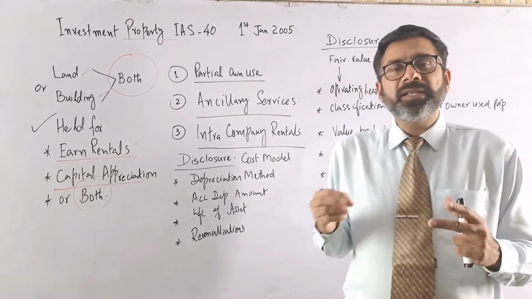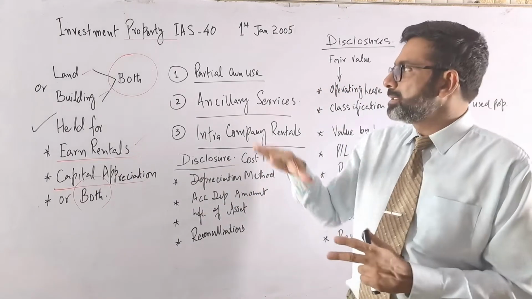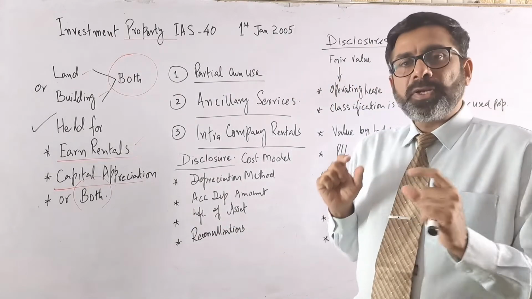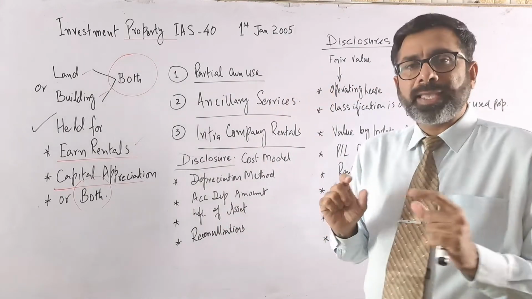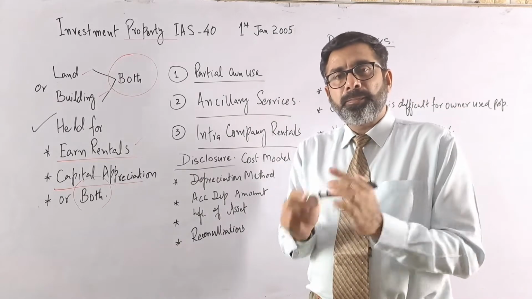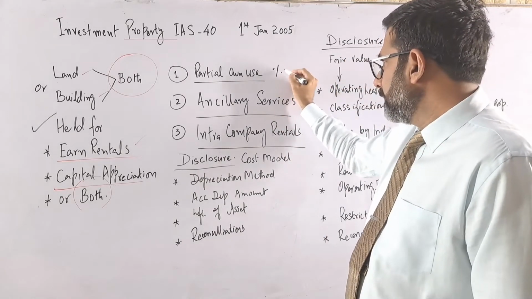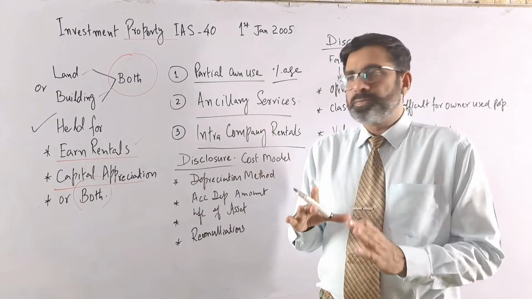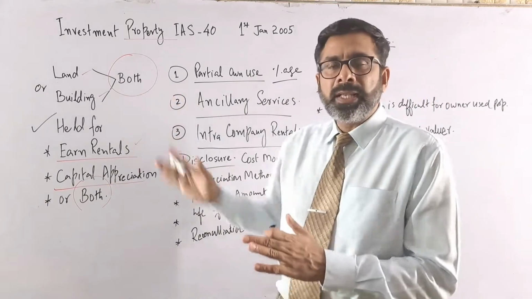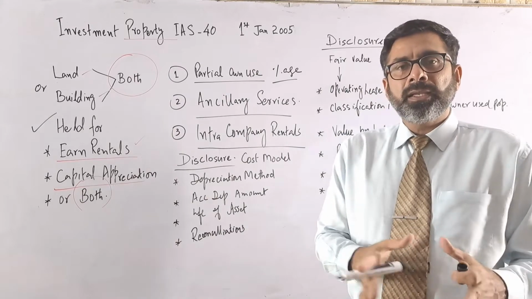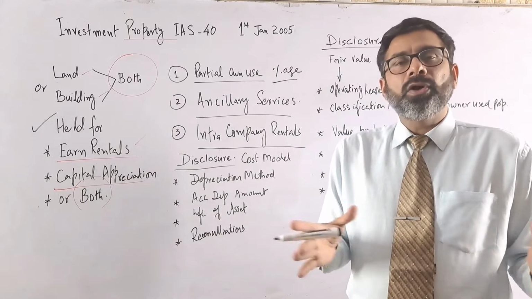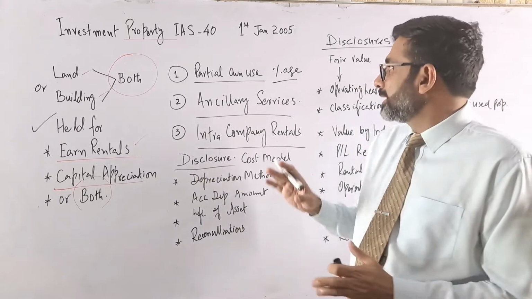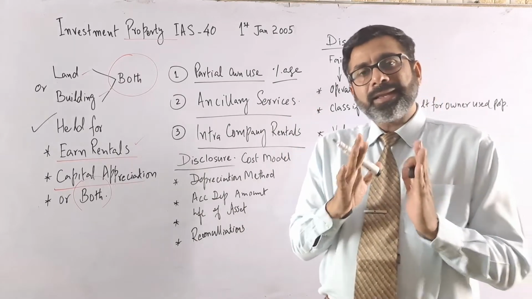Now in that case, what do they have to do? Either they have to recognize it as an investment property or not. The simple rule is that if you can measure the percentage, like 60% is for rental purposes and 30% is used by the business for its own use, then we can recognize it separately.